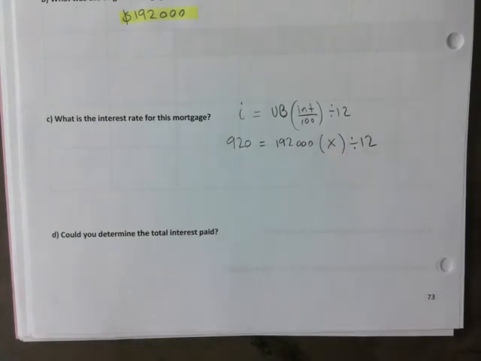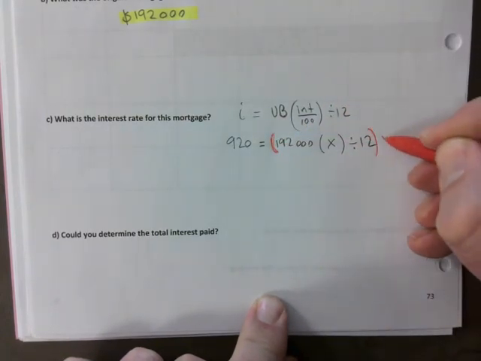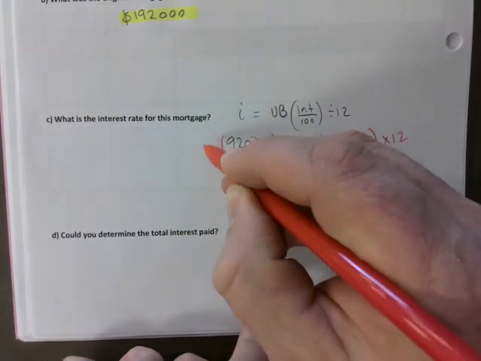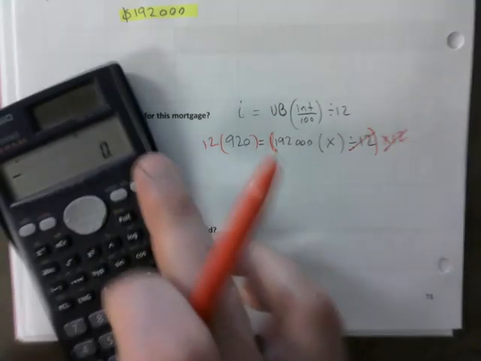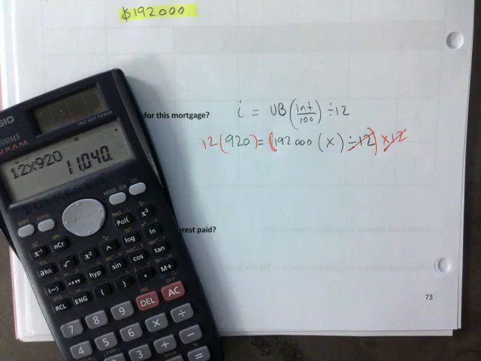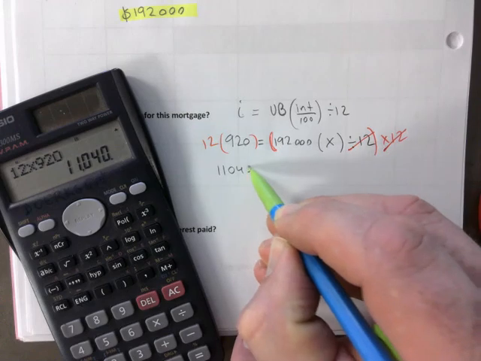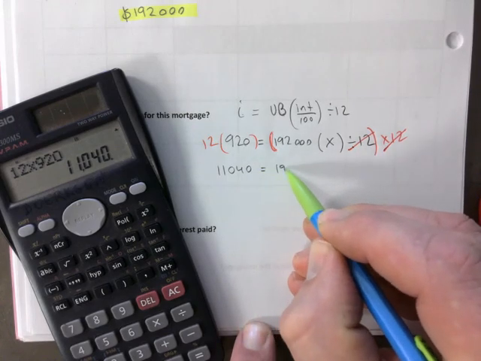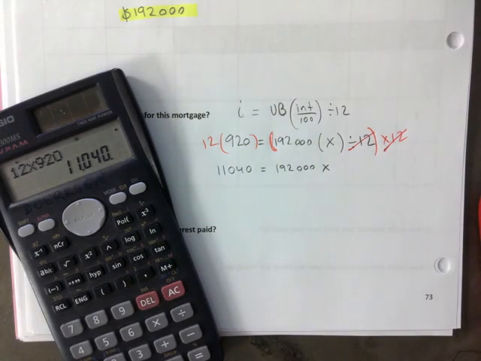The first step I would do is multiply both sides by 12, and that allows you to cancel that here. The real math is happening on the left side: 12 times 920 is 11,040, and you're left with 192,000 times X, the interest rate we're trying to find out.